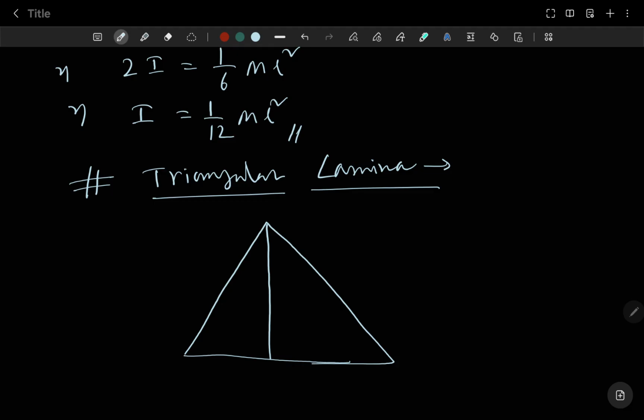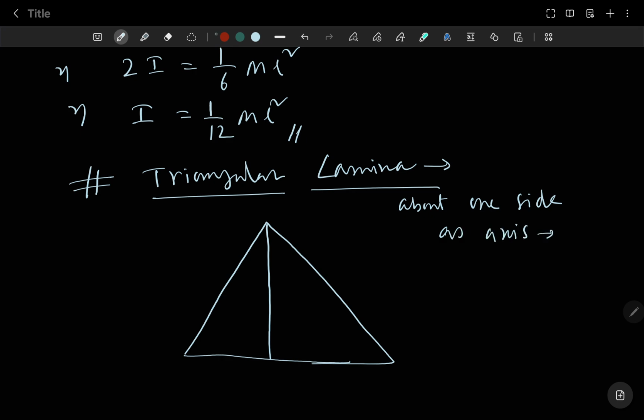Now let us calculate the moment of inertia about one side as axis.